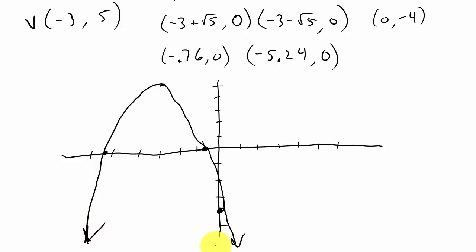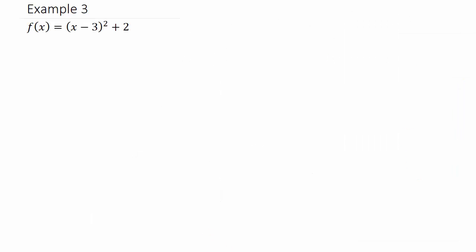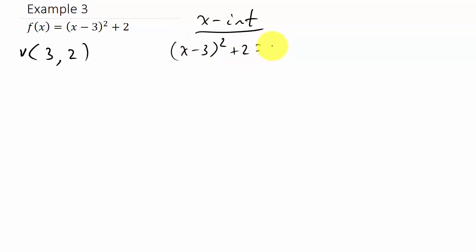Okay. All right, so now let's take a look at this last example. We have f of x equals x minus 3 squared plus 2. All right, so let's go ahead and find our vertex. So our vertex is 3, 2. Okay. And then let's find our x-intercept. So I'm going to set this equal to 0 and solve.